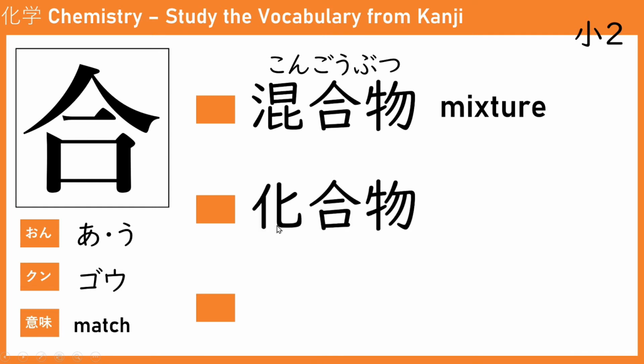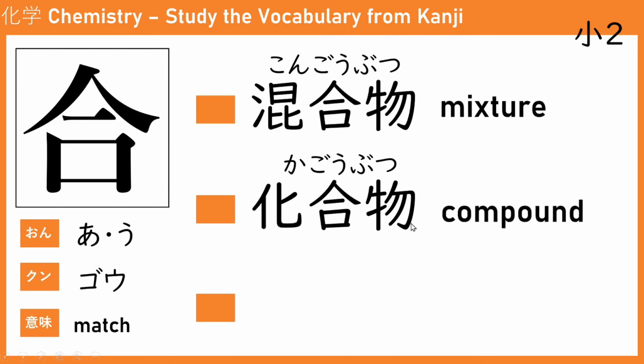We have also got kagobutsu. Ka means changes. Kago means the changes, and you match things that change. So it means compound. Kagobutsu. For example, if you mix hydrogen with oxygen, you get H2O, which means compound.